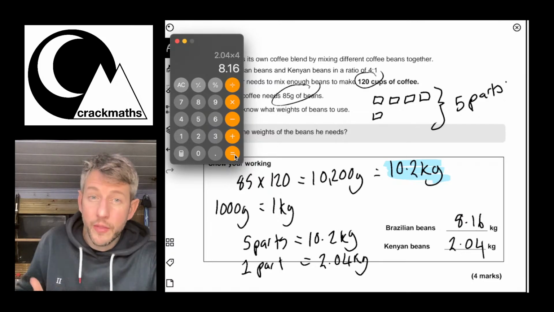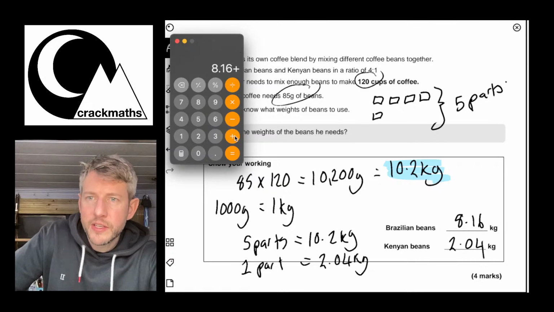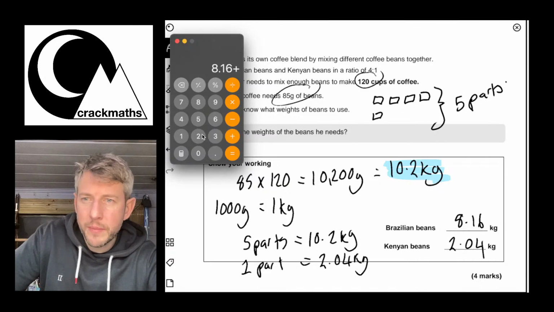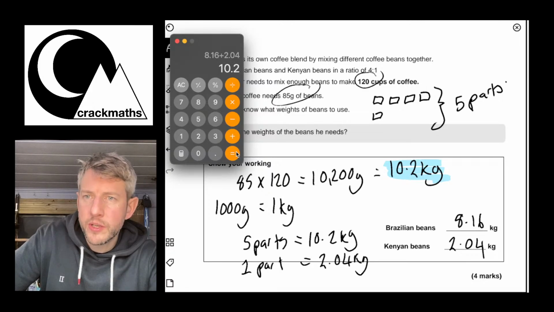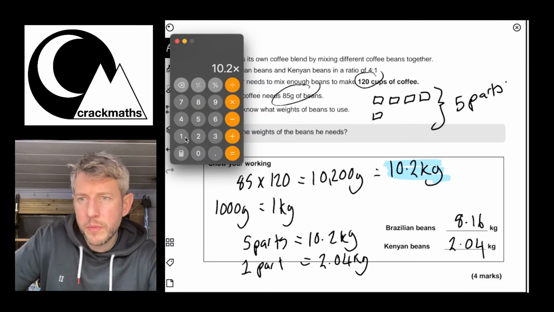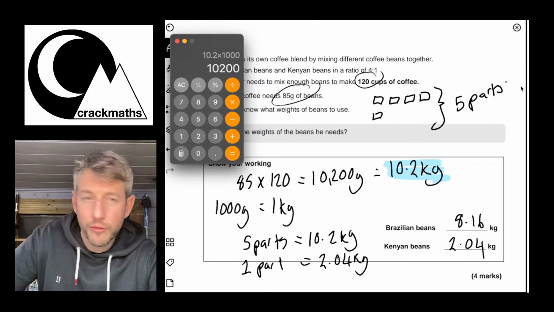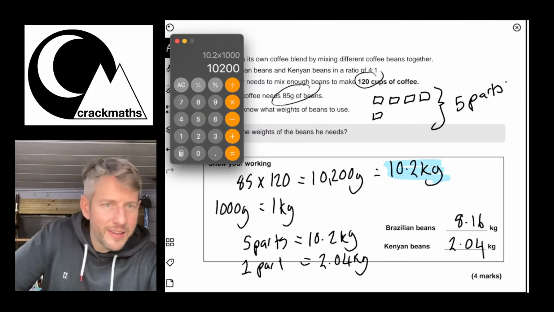What I can do now is add these together to check that they make the total amount of coffee. So add 2.04, and this should make the 10.2. Yep, great. Times this by 1,000. That will take us back to our calculation here, 10,200 grams. Okay, and that is that question done.